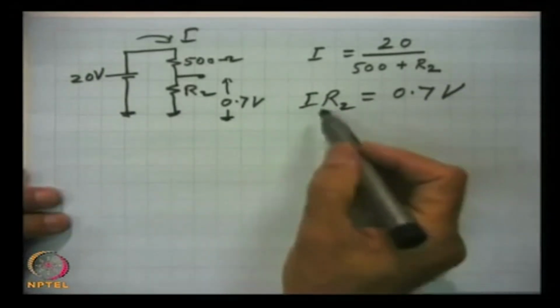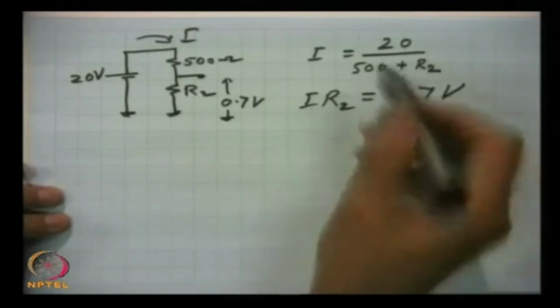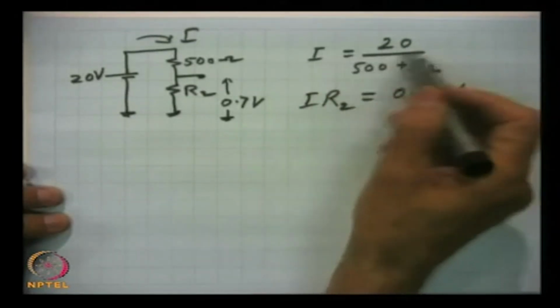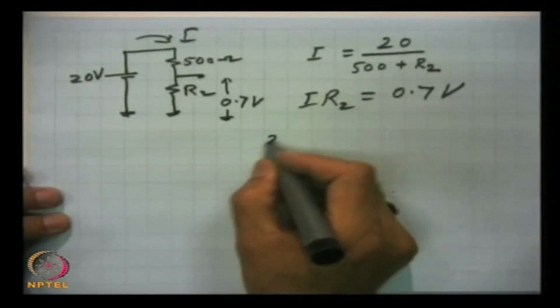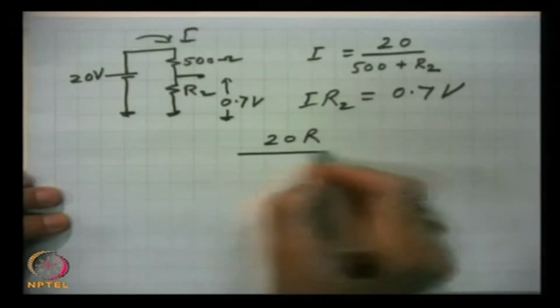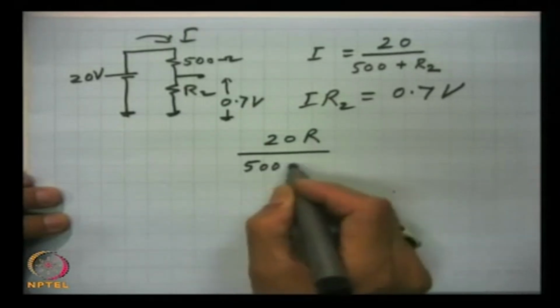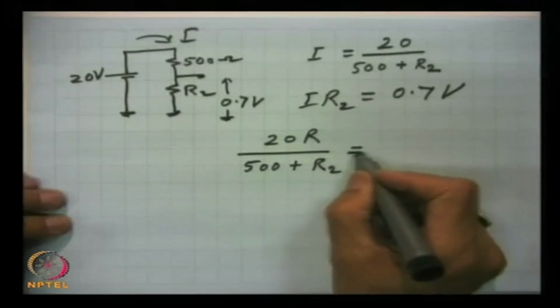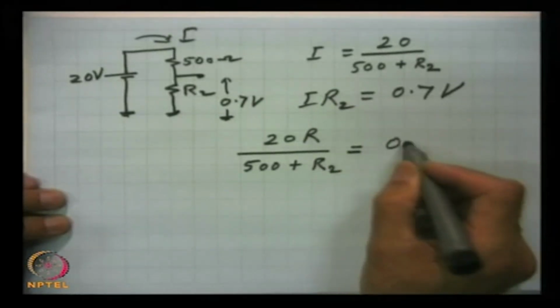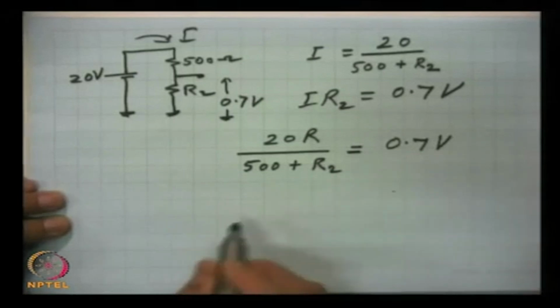Now, we take I R2 and substitute I here, this becomes 20 R2 divided by 500 plus R2, and this has to be equal to 0.7 volts.